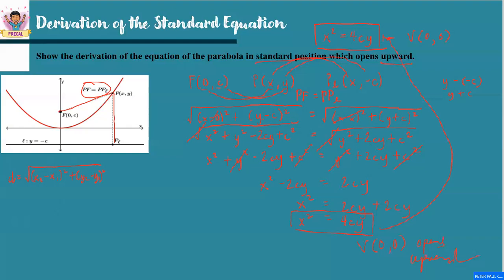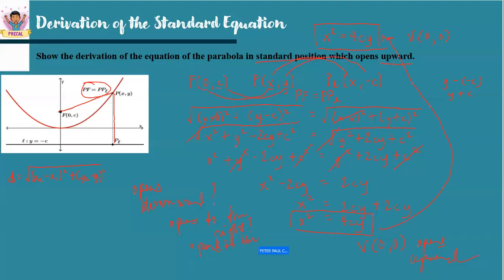Now, just try to reflect. How are you going to prove the standard equation of the parabola in standard position when it opens downward? Okay, opens downward. Try to figure this out. What about when it opens to the right, and when it opens to the left?